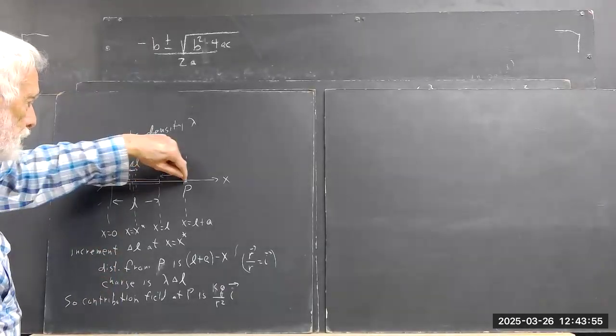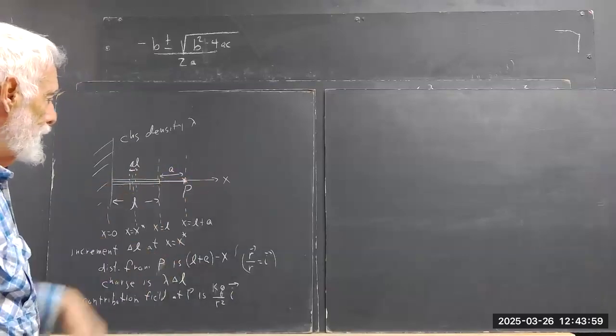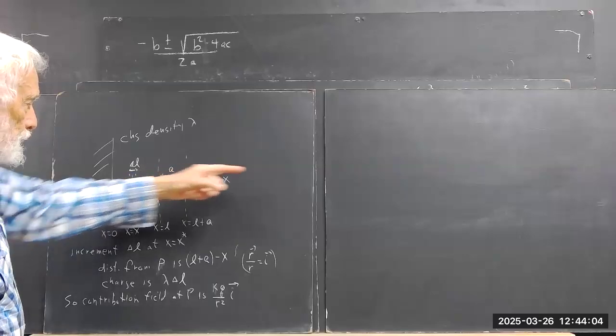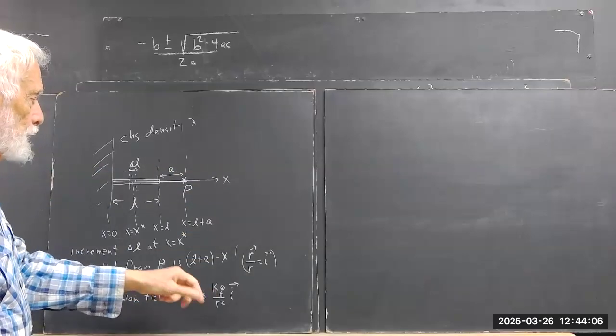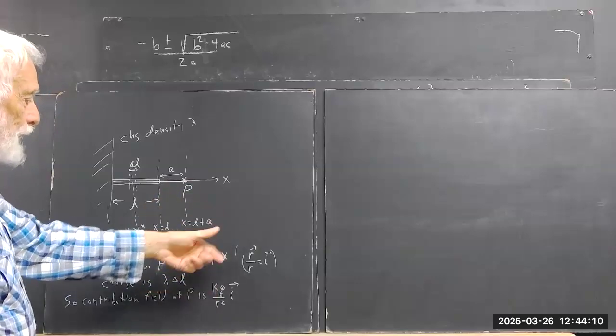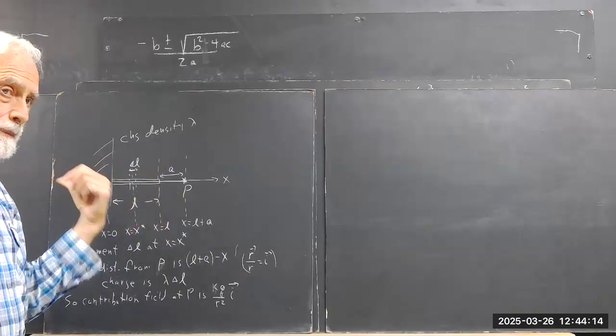The R vector from here to here divided by its magnitude is obviously i. Now, if the charge is positive, that's going to give you an electric field in this direction. If the charge is negative, of course, then kQ over R squared is going to be negative, and you'll have electric field to the left.